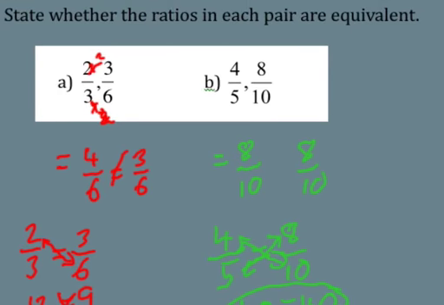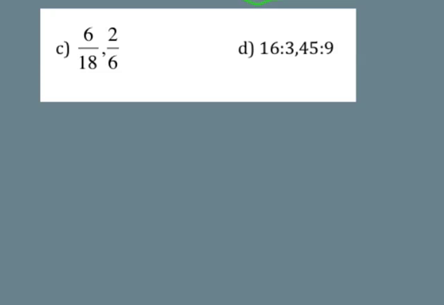We'll extend our page here, and go back to the green. And so here, 6/18 and 2/6, if we want to determine whether those are equivalent, well, 6 is a factor of 18, and so if we triple 6, we get 18.